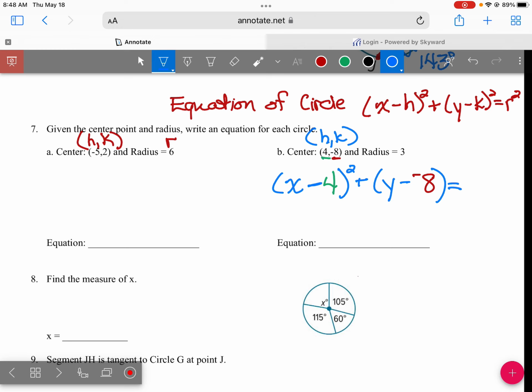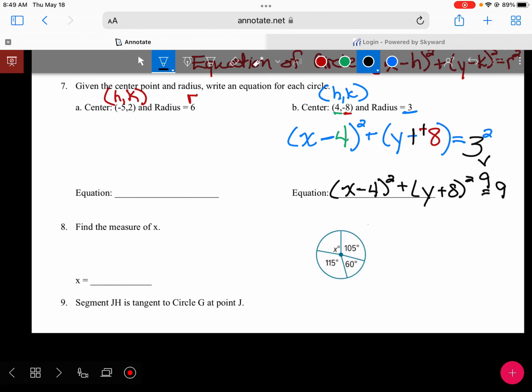My radius is 3 squared. Now, that's pretty good, but we need to clean it up a little bit. We can't have this double negative. So this becomes plus a positive. And 3 squared is actually how much? 9. So rewriting my equation, it would be x minus 4, quantity squared, plus y plus 8, quantity squared, equals 9. Any questions on that?